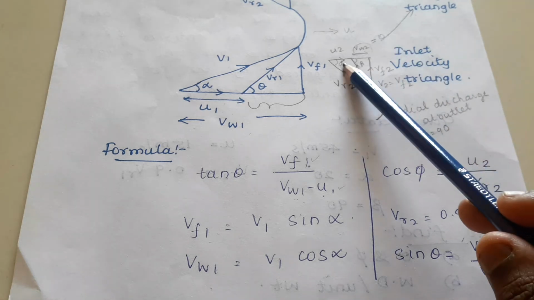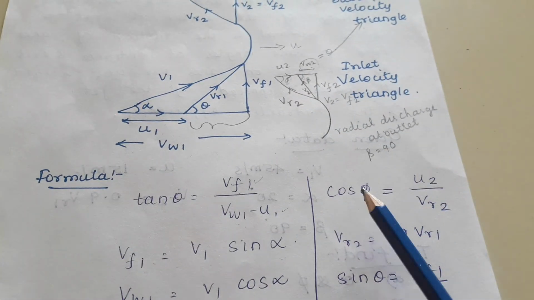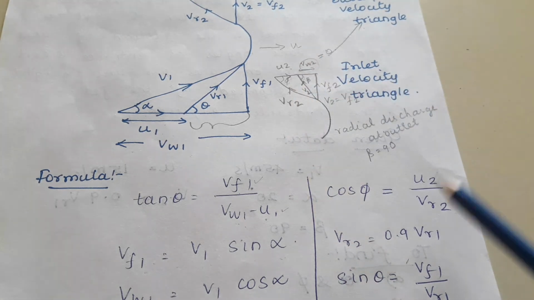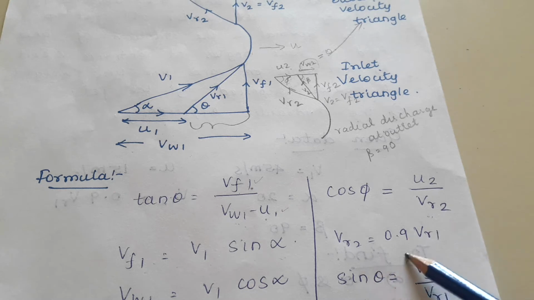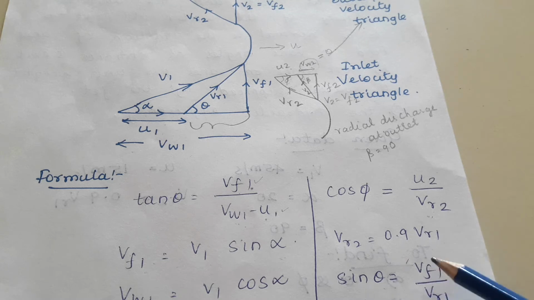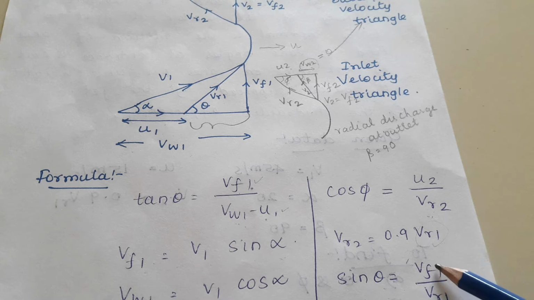And in the outlet you have to find out phi. How to find phi? Cos phi is equal to u2 divided by vr2. So vr2 is given. vr2 is equal to 0.9 vr1. So how to find out vr1? Sin theta is equal to vf1 divided by vr1.